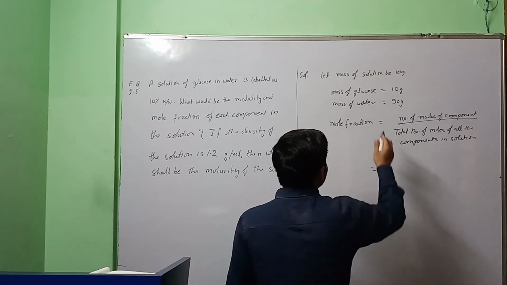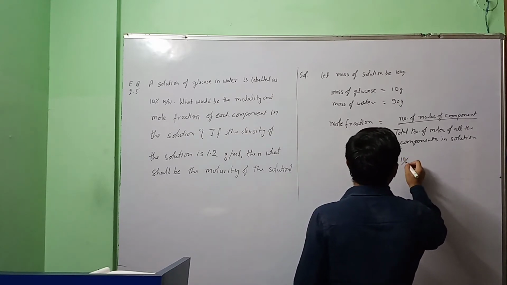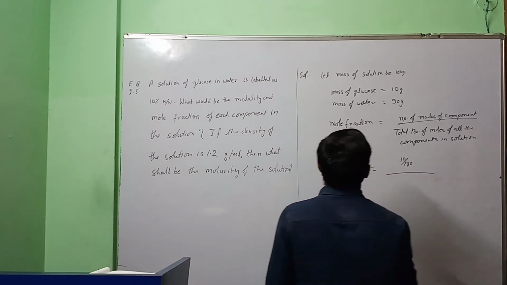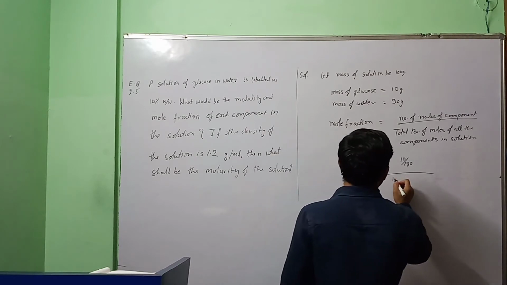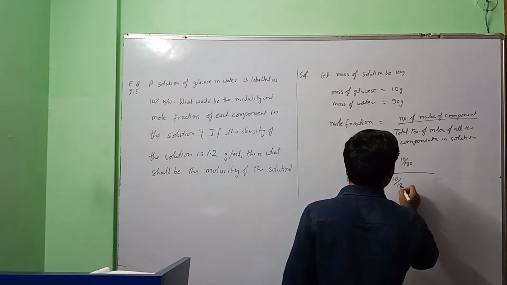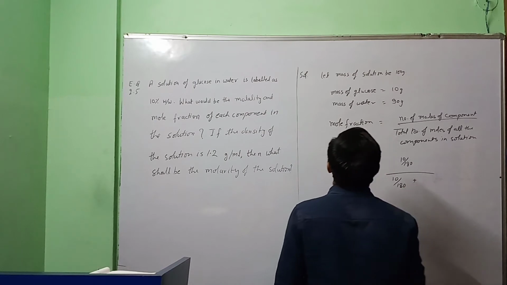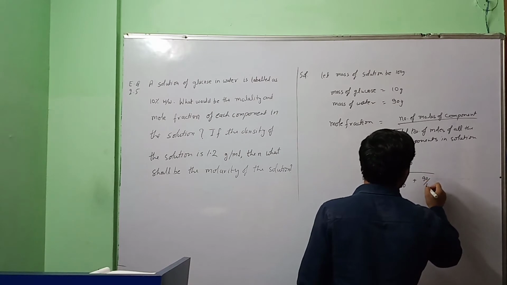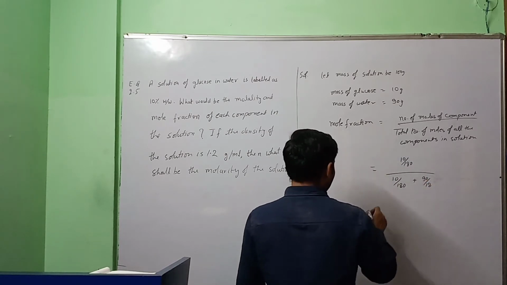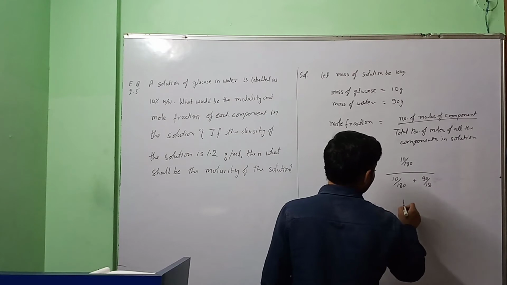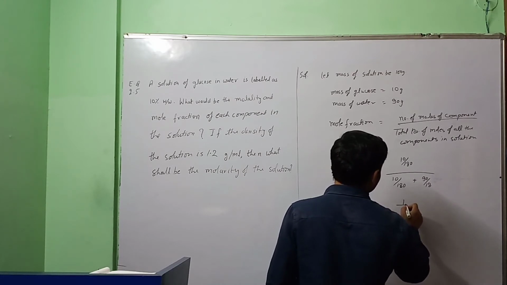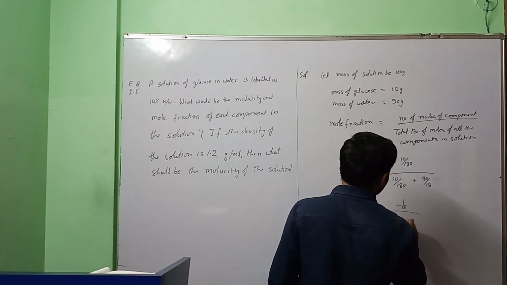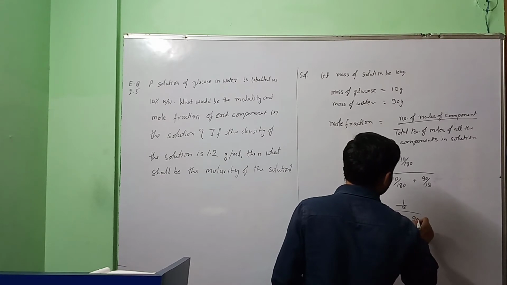Now number of moles of glucose 10 divided by 180 upon total number of moles means moles of glucose plus moles of water. Now this thing we will get 1 upon 18 divided by 1 upon 18 plus 90 upon 18.